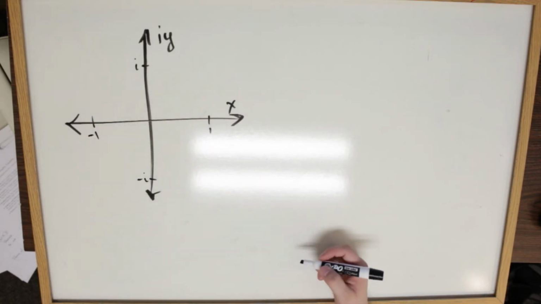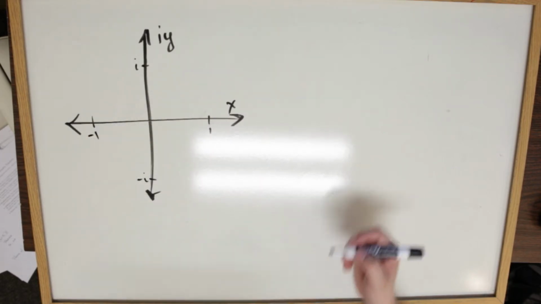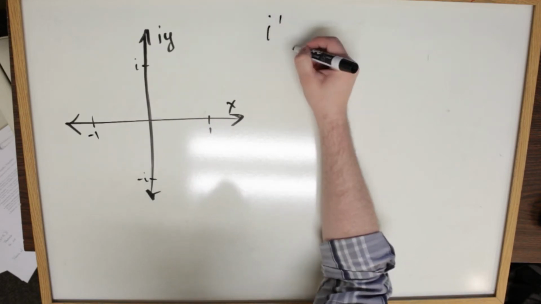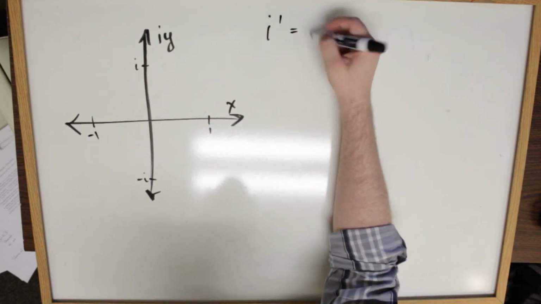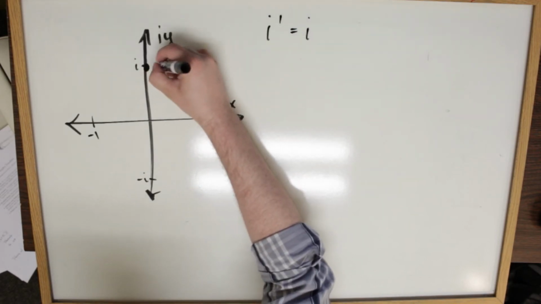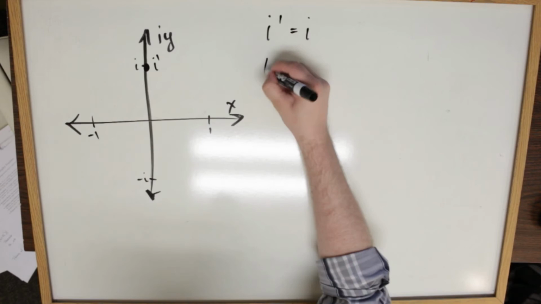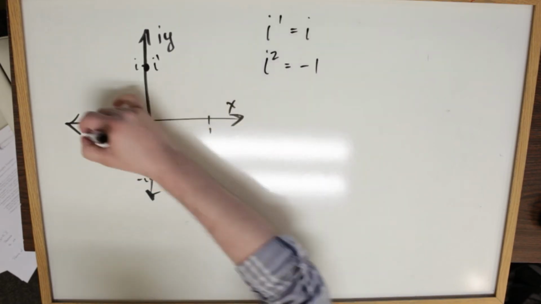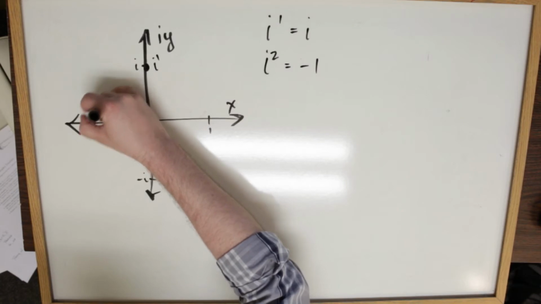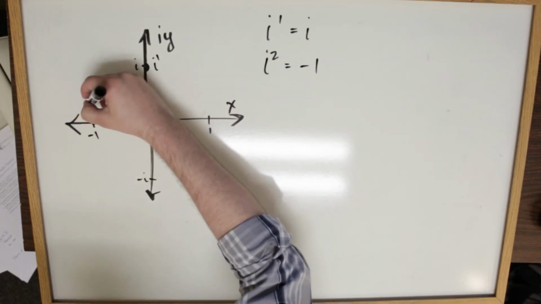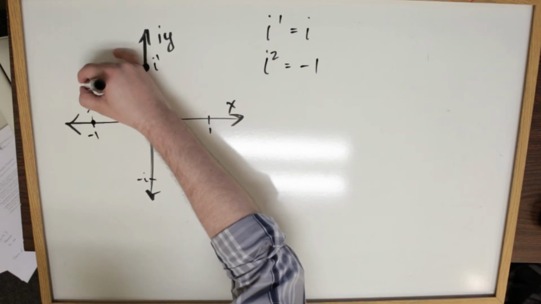When you're looking at I to the first, this is equal to just I, so it's going to be right here. I squared is equal to -1, which is back here.